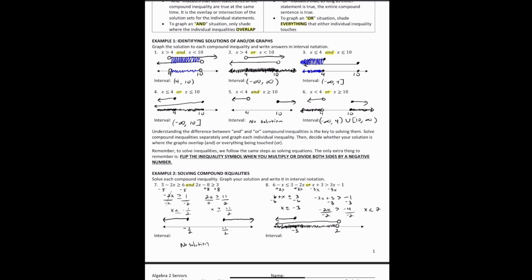We're going to read this from left to right, so we start at negative infinity, and we are going to end at 2, not negative 3. We're just looking at the stuff that's being shaded. We're going to look at the rightmost number that is involved in the shading process. So we are going to give negative infinity a parenthesis and 2 a regular parenthesis as well. All right, so the interval is from negative infinity to 2.